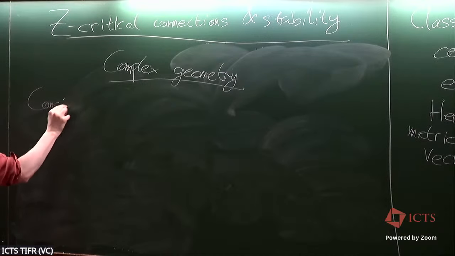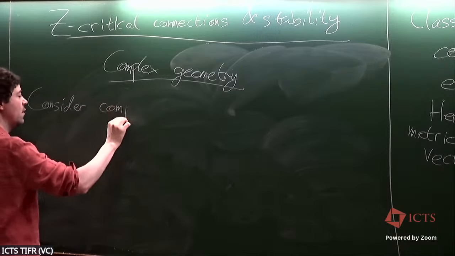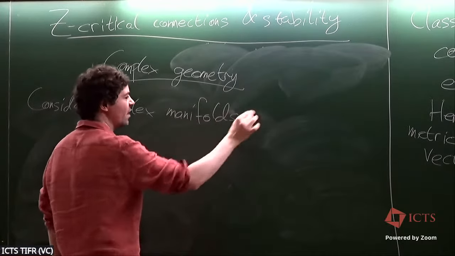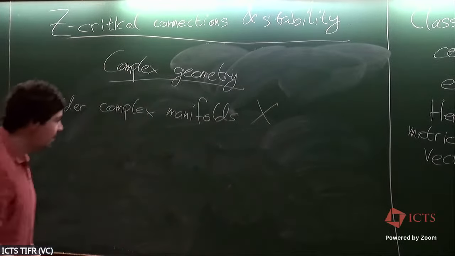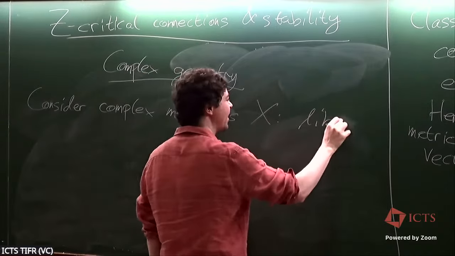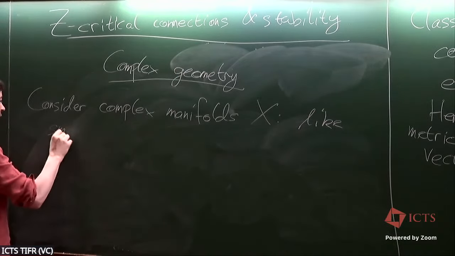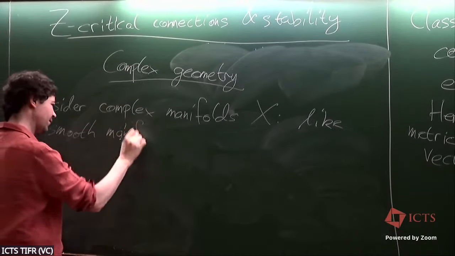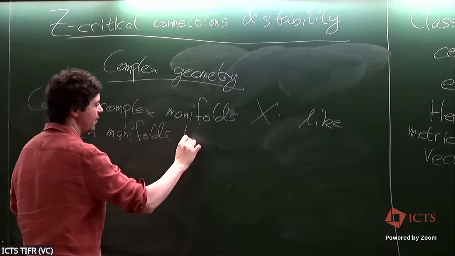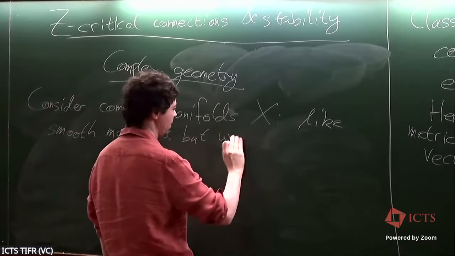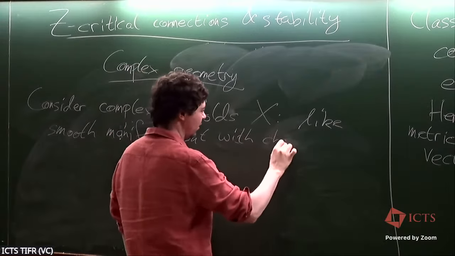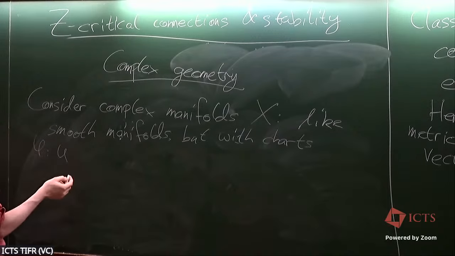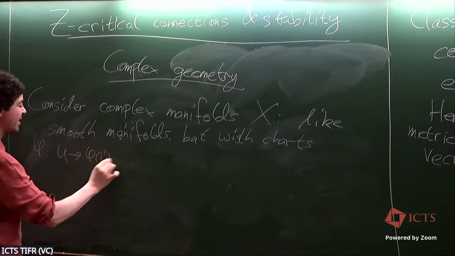So we consider complex manifolds, which I'll usually write as X. These are just like smooth manifolds, except we require instead the charts to be of the form mapping an open set in X to an open set in Cn.